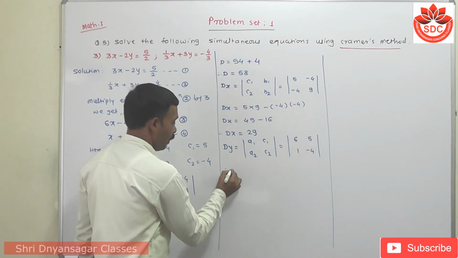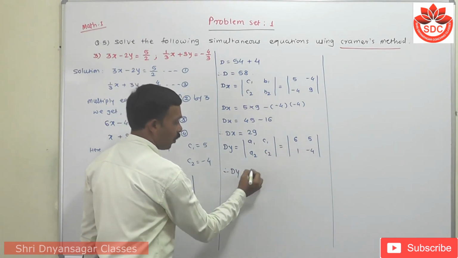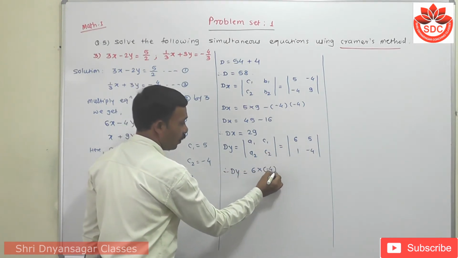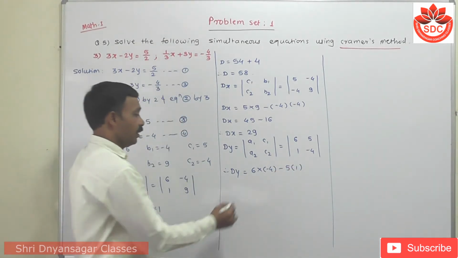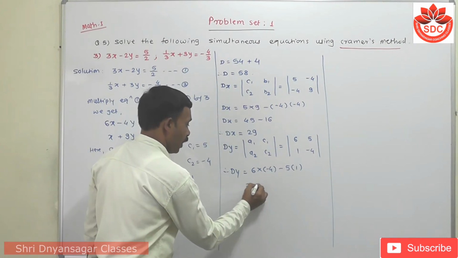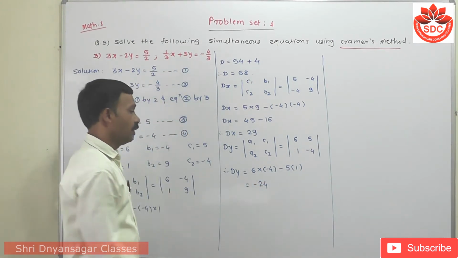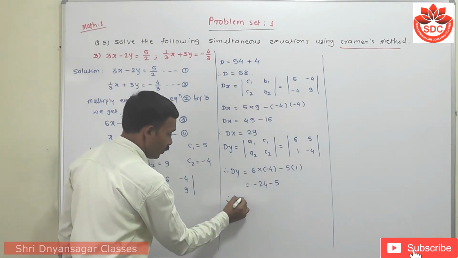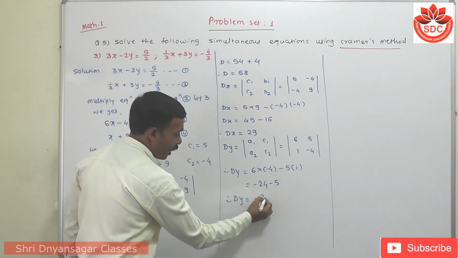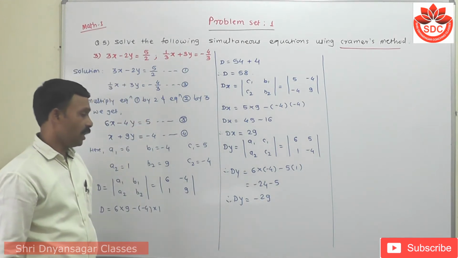Okay, then dy is equals to the product of 6 into -4 minus 5 into 1. Then 6 4s are -24. Then this becomes -5. Then you have to add these two. This addition becomes -29. Can you understand up to this?